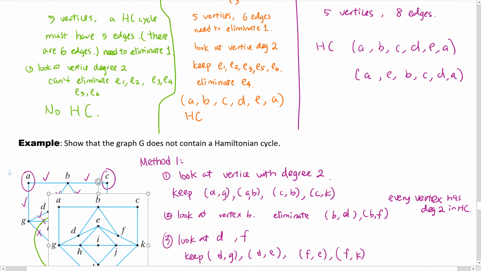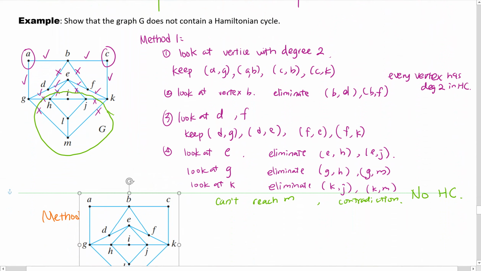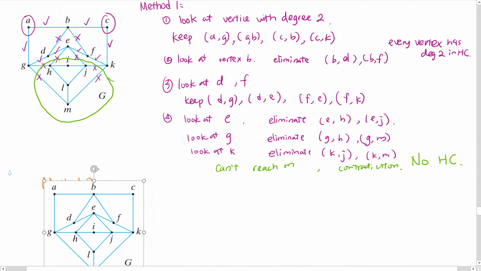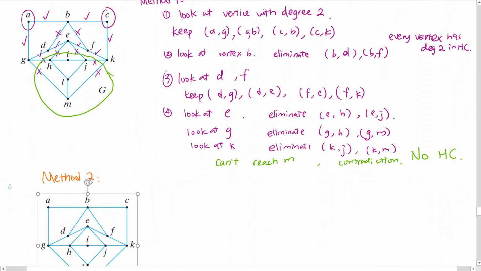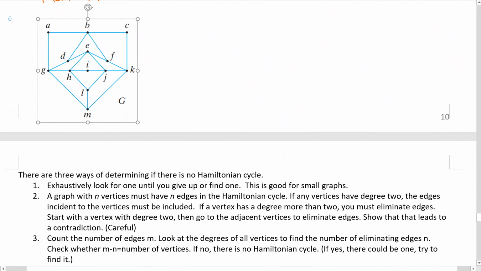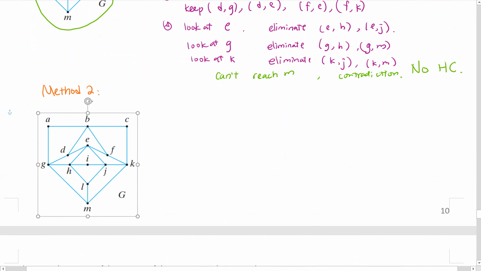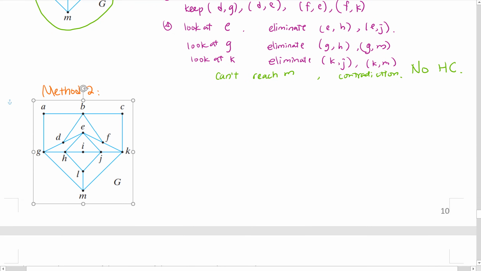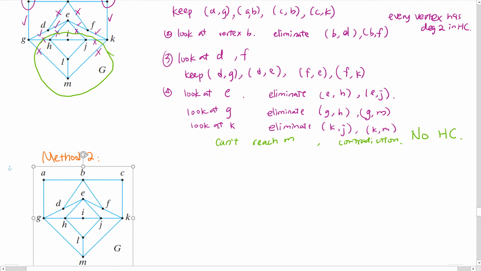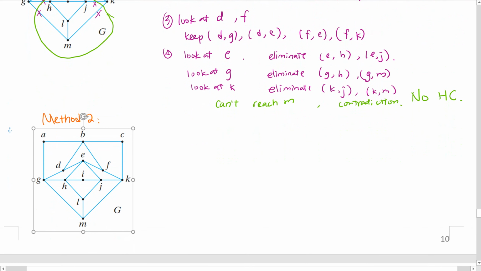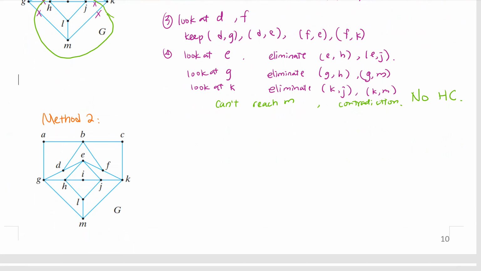So for a graph where each vertex has high degree, so you cannot find a vertex with degree 2, then I recommend you use this method 2. So what is method 2 about?